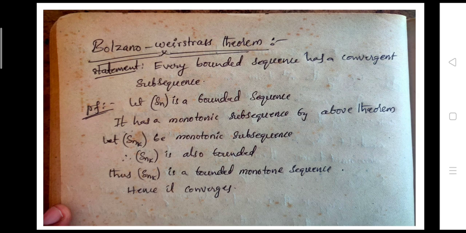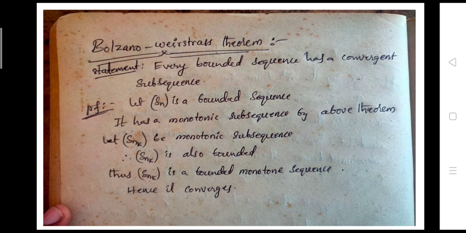We have a very important theorem, the Bolzano-Weierstrass theorem. Every bounded sequence has a convergent subsequence. This is the statement of the Bolzano-Weierstrass theorem. Let S_n be a bounded sequence. It has a monotonic subsequence by the above theorem.